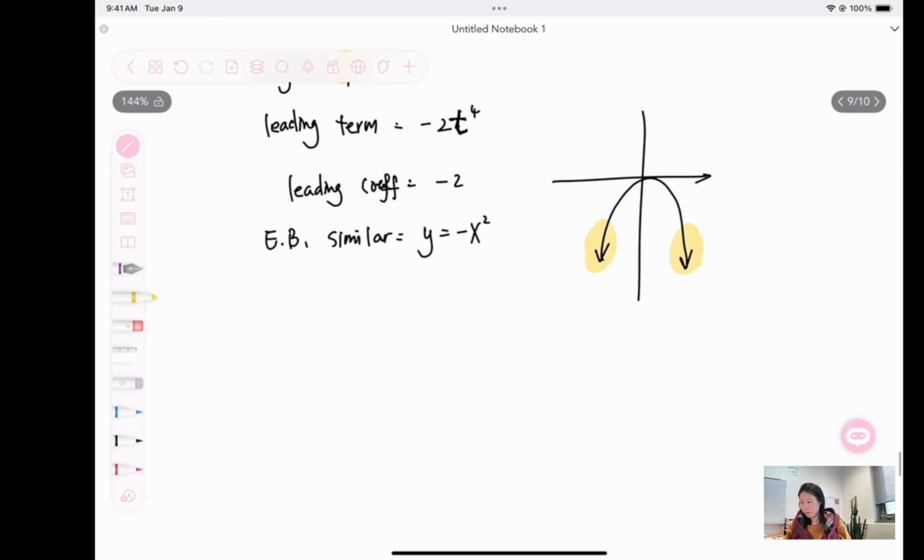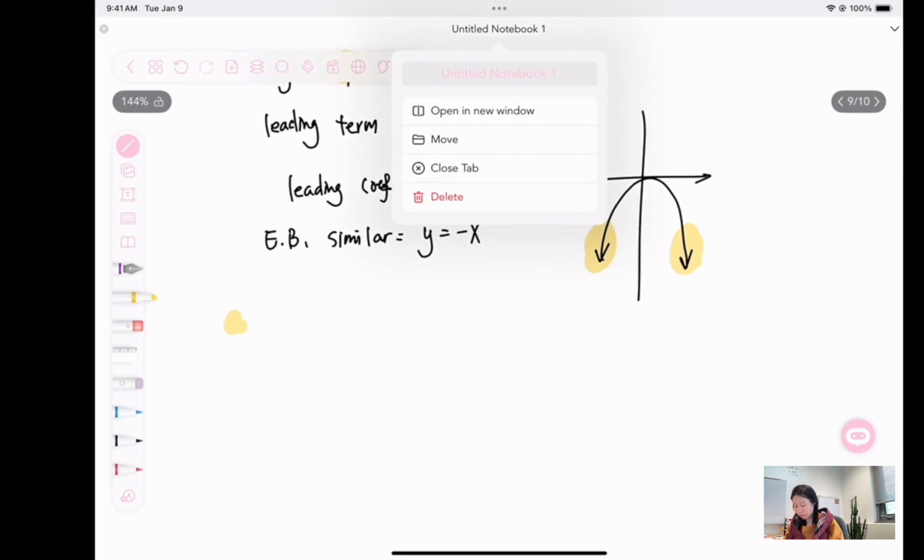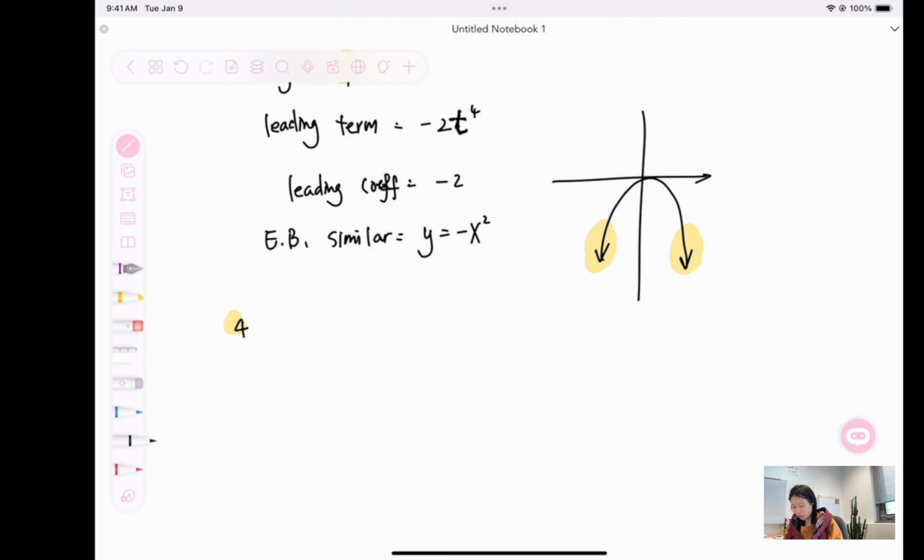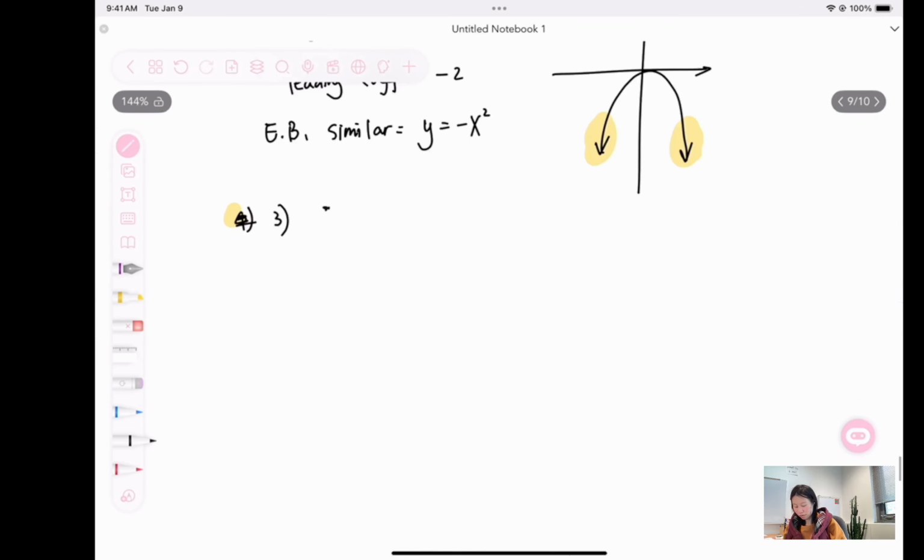Okay, let's work on another one, number 3. Let's do g. g of a equals 3 times a squared, and then a minus 1 times a plus 4. So what's the degree?